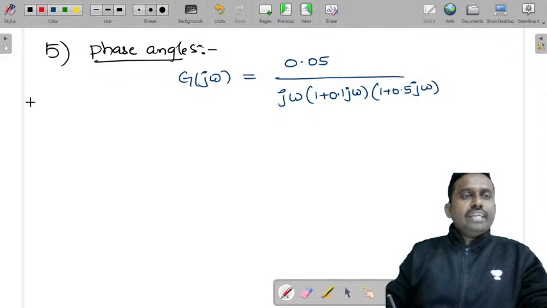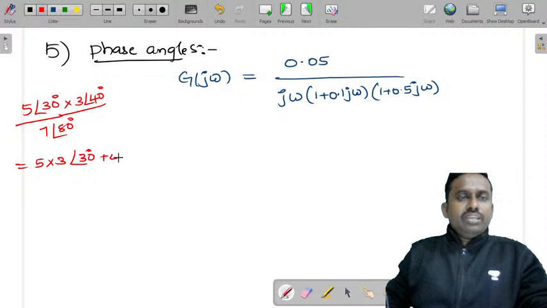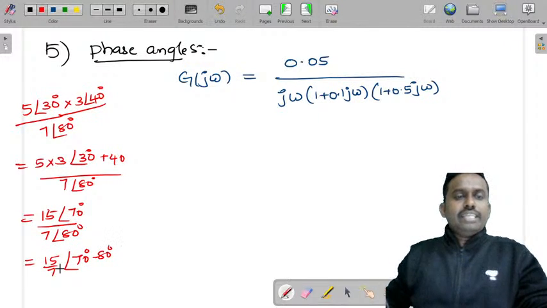Remember one thing: if you have 5 at an angle 30 degrees into 3 at an angle 40 degrees by 7 at an angle 80 degrees, you can write this as 5 into 3 at an angle 30 plus 40 by 7 at an angle 80, and 5 3s are 15 at an angle 70 degrees by 7 at an angle 80 degrees, which is 15 by 7 at an angle 70 degrees minus 80 degrees.